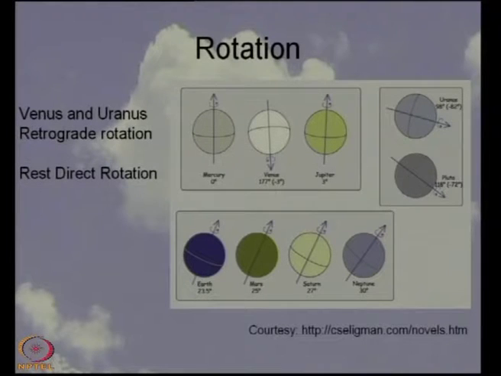There are two exceptions. One of them is Venus here, whose rotation axis is in the opposite direction. But the rotation period is extremely large, so it rotates very slowly.